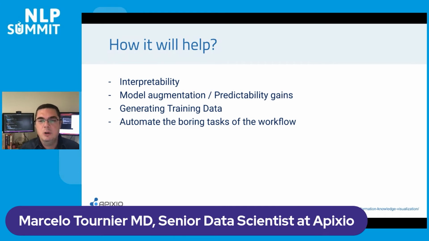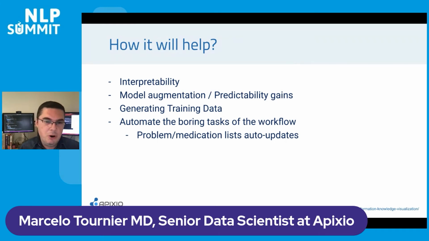If you qualify this workflow using a knowledge graph, you can connect parts of the workflow that are parts of these entities into something that gets, for instance, an auto update for the problem or medication list on an electronic medical record system could be leveraged with way more ease with a knowledge graph, instead of relying on a lot of hard-coded ifs, which, well, if you're a programmer like myself, you feel the shivers on using a lot of hard-coded ifs, especially if you work with machine learning.